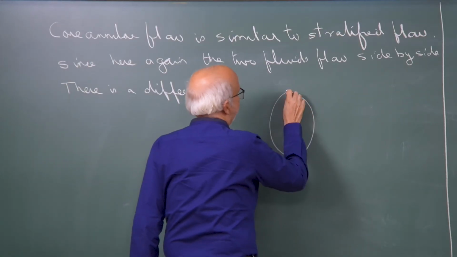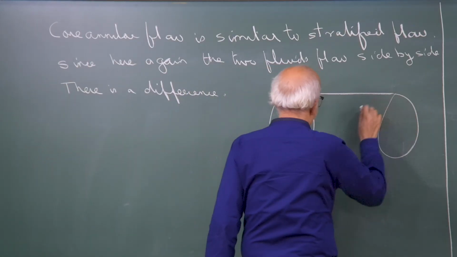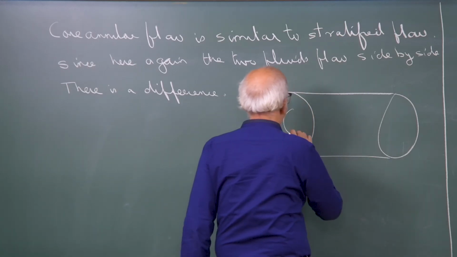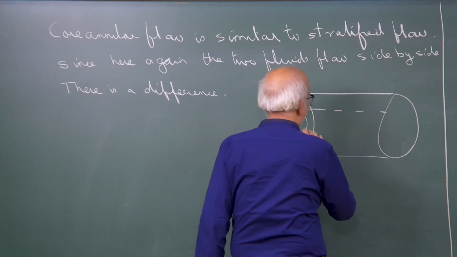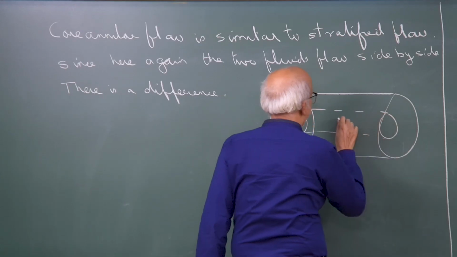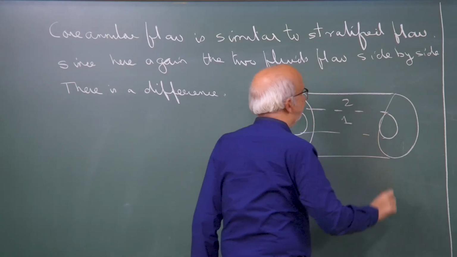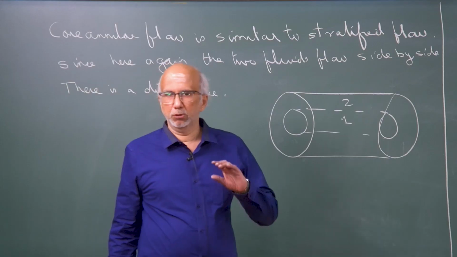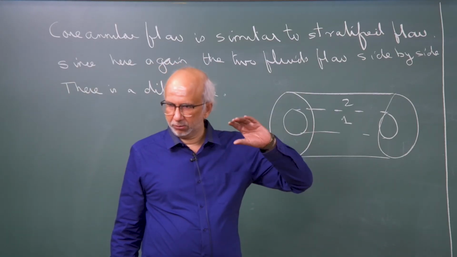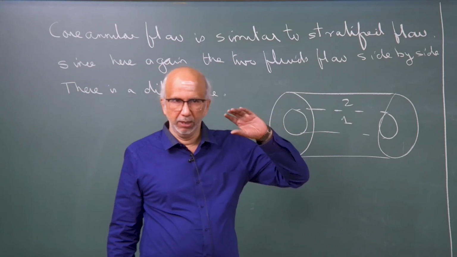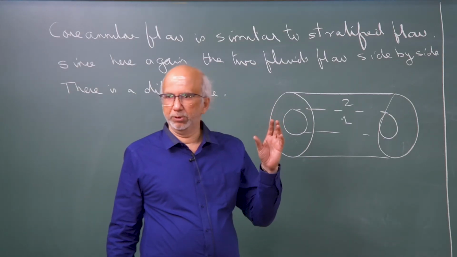So, this is the geometry. Let us say this is fluid 1, this is fluid 2. So, in the center core, fluid 1 is flowing, in the annulus, fluid 2 is flowing.